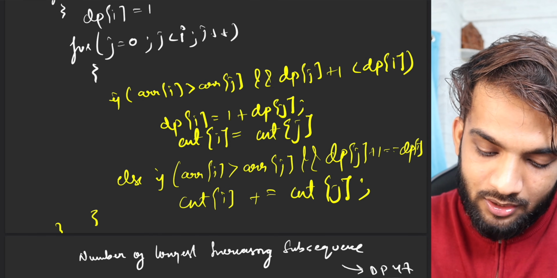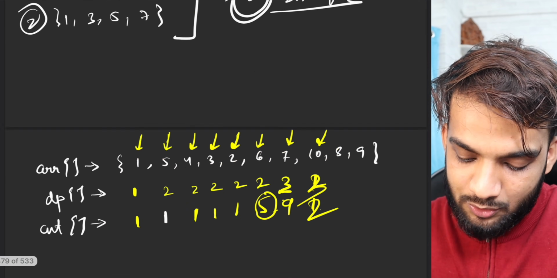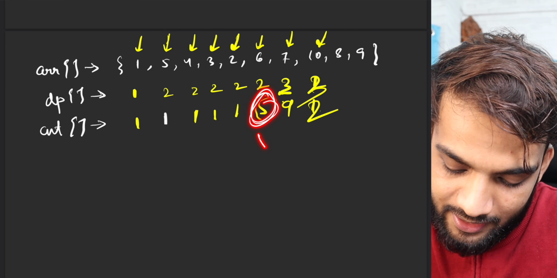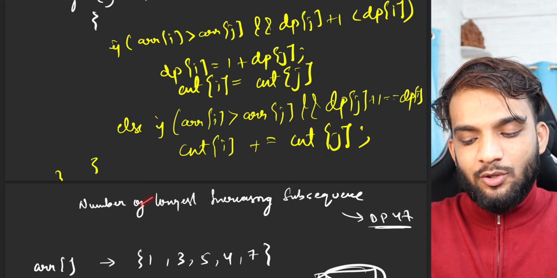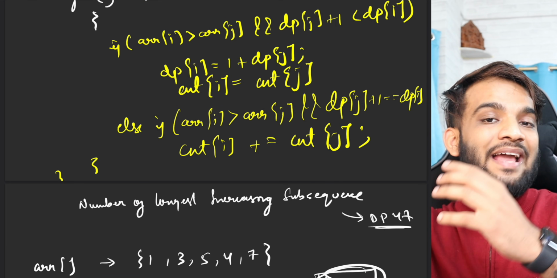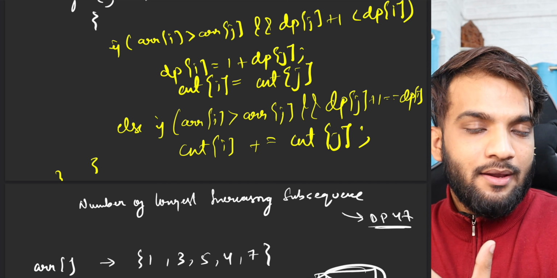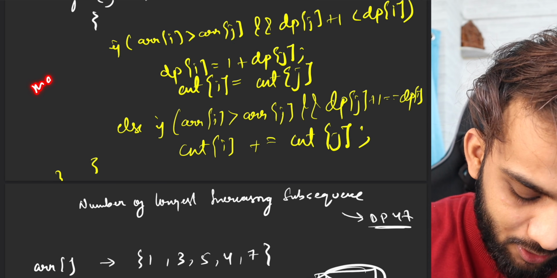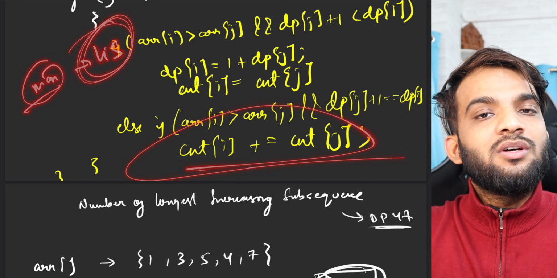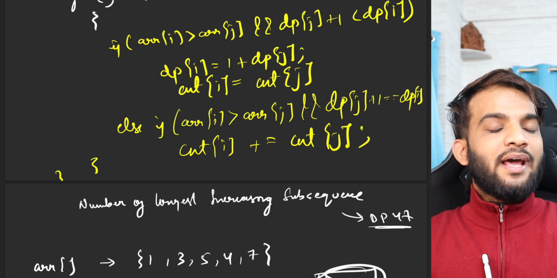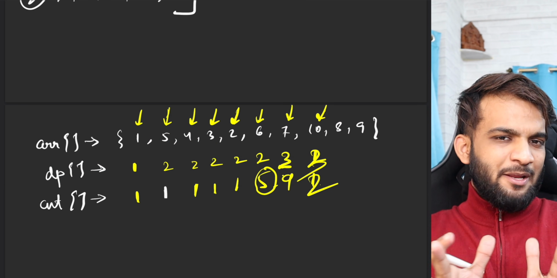Just take it. If you carefully see, this was the case. There's 5 ways, you ended up adding it over here. You just take it and add it over here. And at the end of the day, you can just figure out the maximal value of LIS and add up the count. That will indeed be your answer.